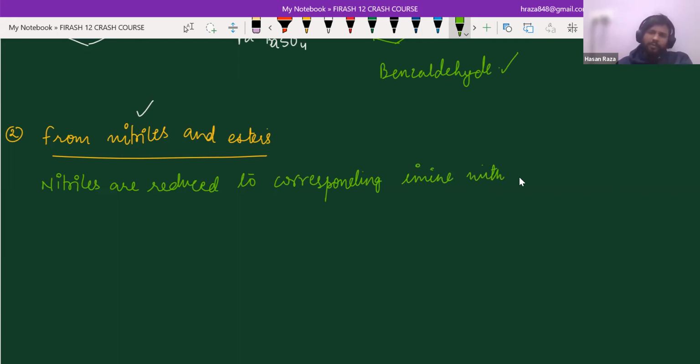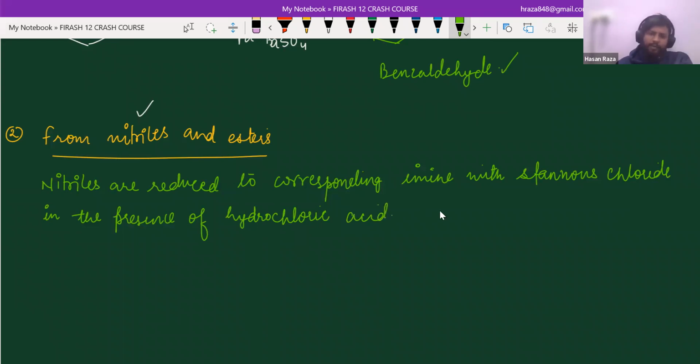And with the help of stannous chloride, SnCl2, in the presence of hydrochloric acid, which on further hydrolysis give corresponding aldehyde.